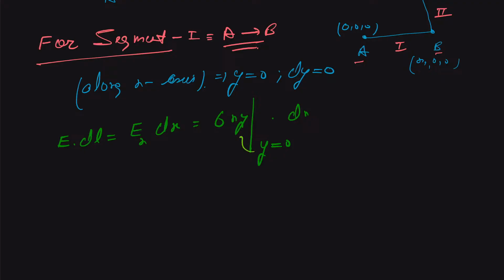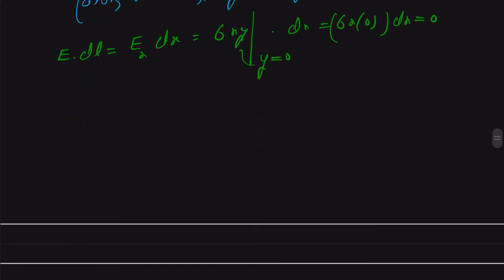So we substitute y equal to 0, and we get 6x times 0 times dx, which is equal to 0. So it basically means that the line integral of our electric field is equal to 0 when we move from 0, 0 to x1, 0.